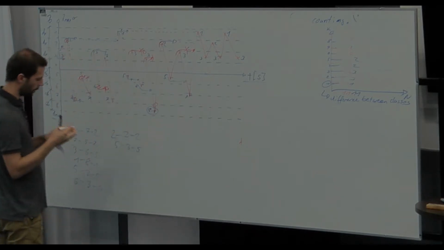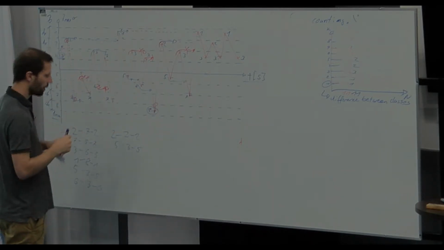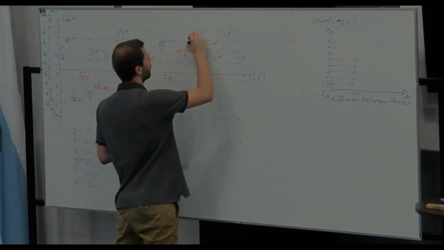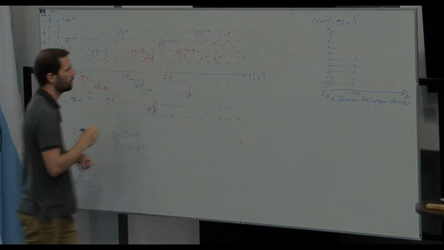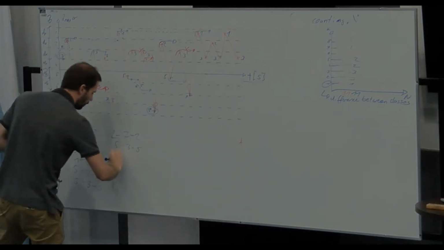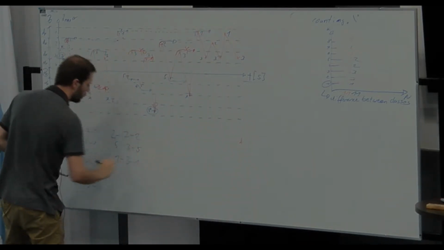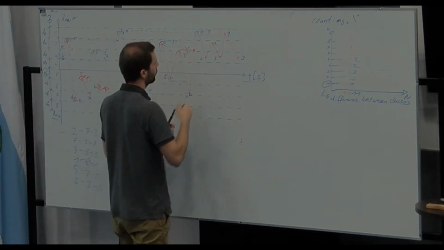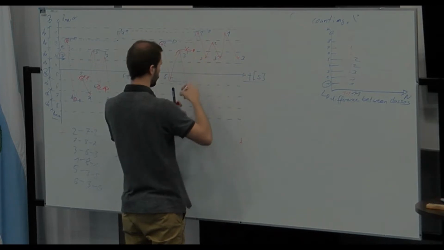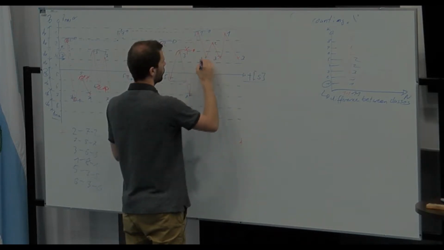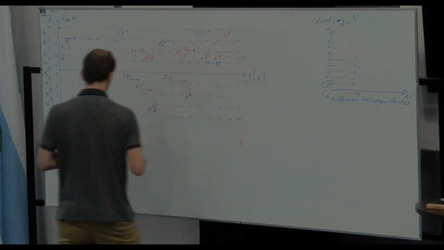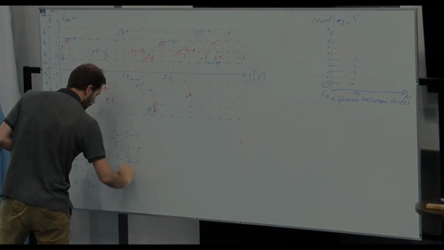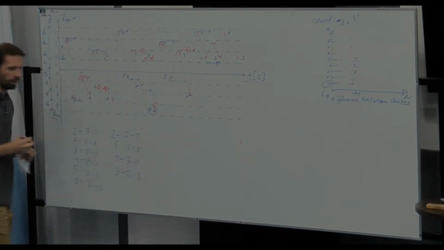This one we have to skip. And last, we have our information from 1, 3, 1, and the information from 3 to 3.